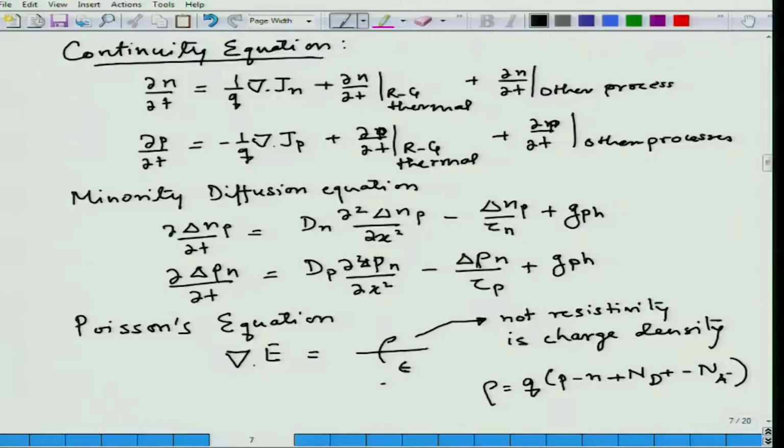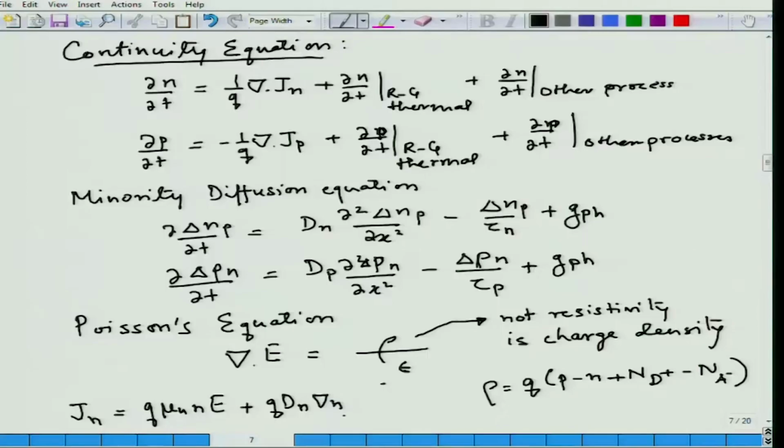The other supplementary equations that we have been discussing earlier: the current due to the electrons is given by q times mobility, n, electric field, due to drift, plus due to the diffusion of the carriers, the gradient of n.